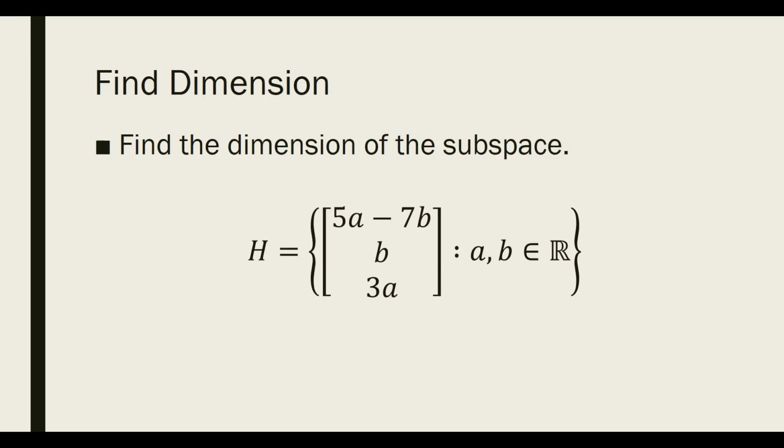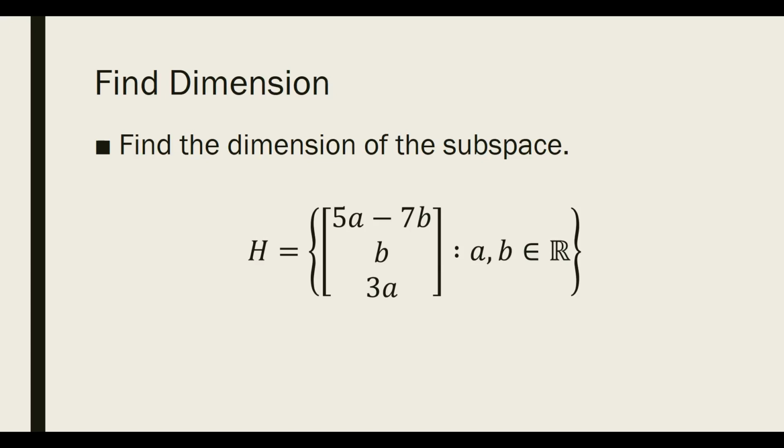So let's take the subspace defined here as H, the set of all vectors whose first entry is 5a minus 7b, whose second entry is b, and whose third entry is 3a. You can check that this is in fact a subspace. It contains the 0 vector, it's closed under addition, and it's closed under scalar multiplication.